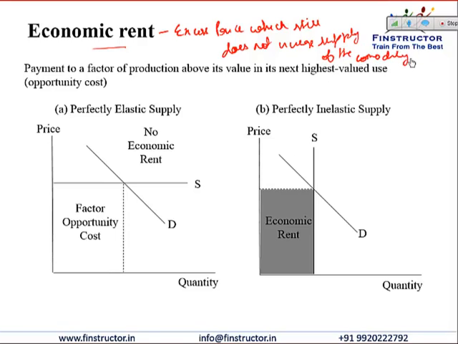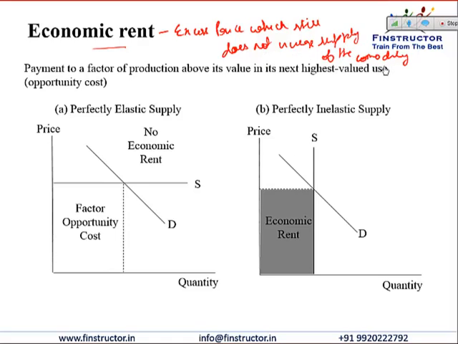So economic rent is the payment over and above its next highest valued use, or its opportunity cost. In other words, this is the extra price that we'll pay, which still does not increase the supply of the commodity.